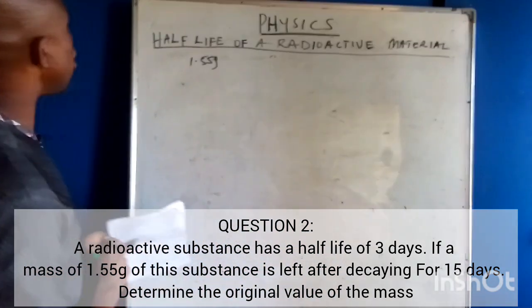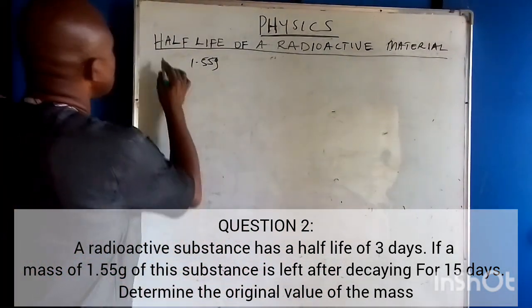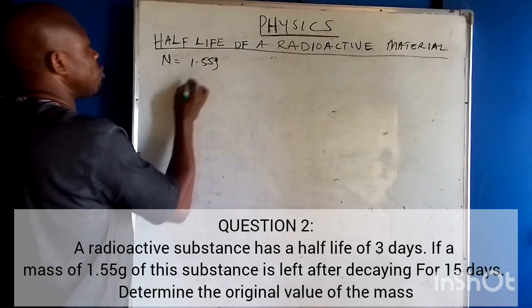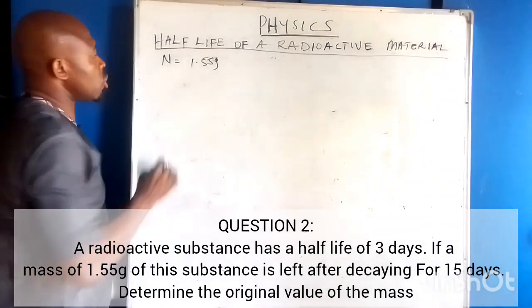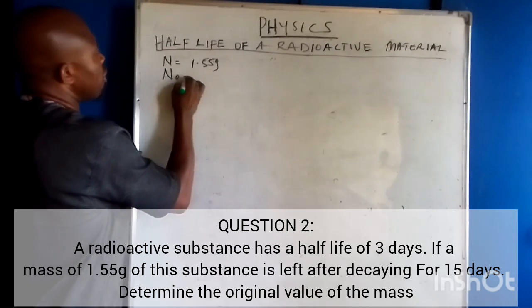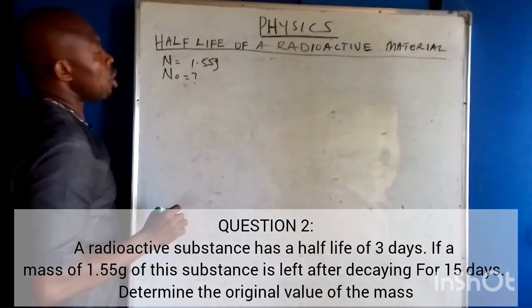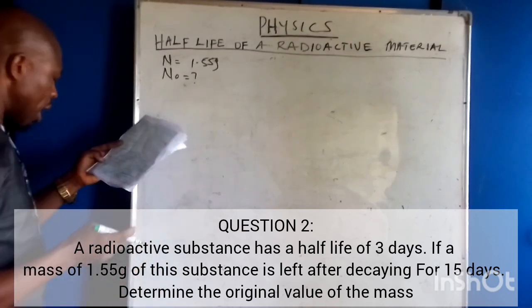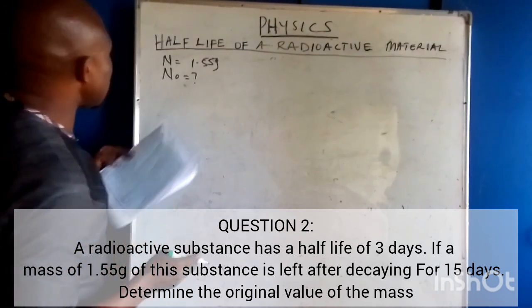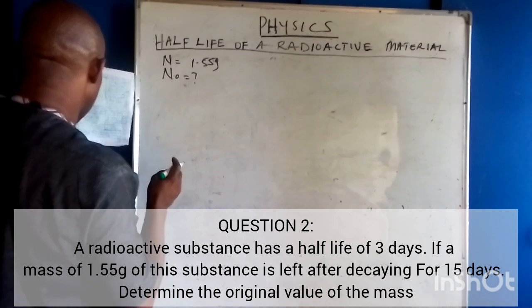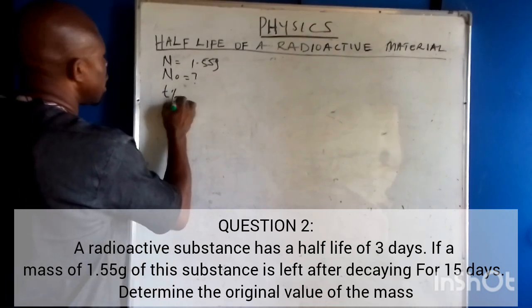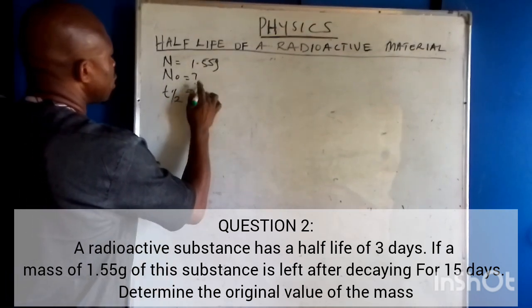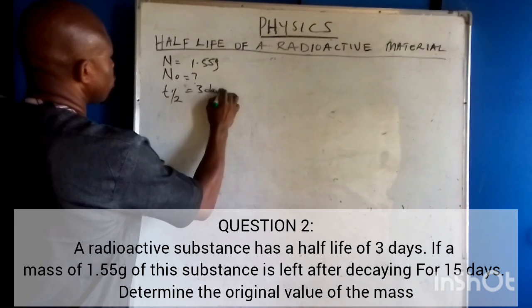Now, this is the mass that is left, which is N, and we want to determine the original value, N naught. The decay constant was not given, and they said the substance has a half-life of 3 days. That means the half-life there is 3 days.